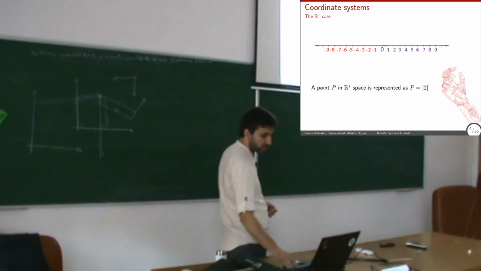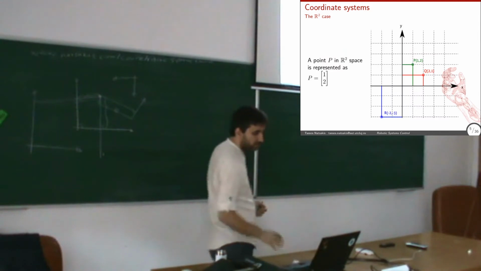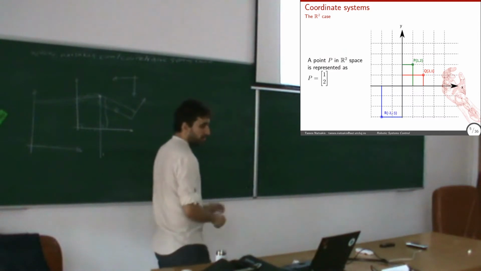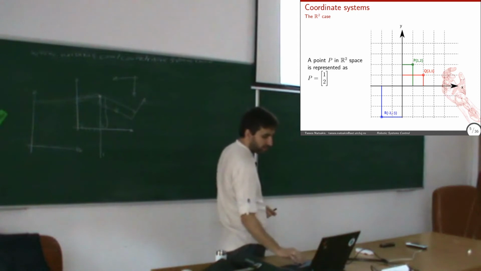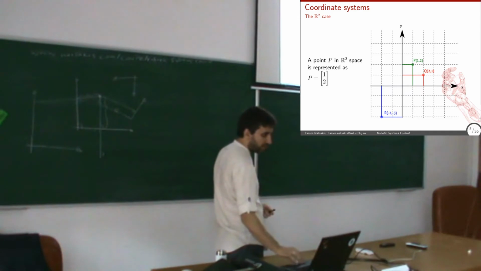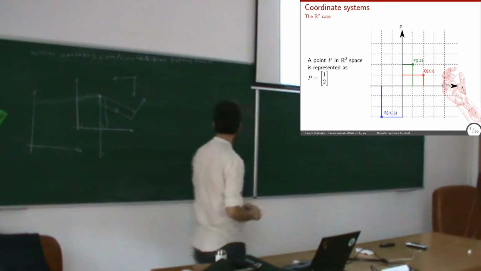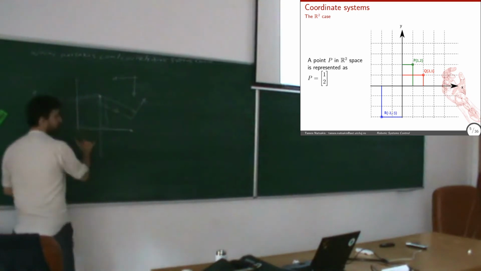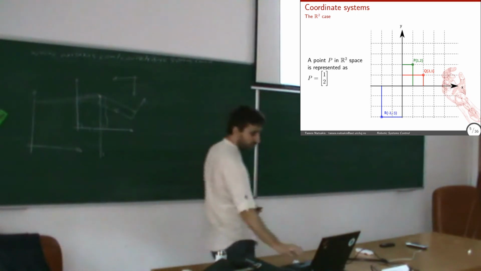Here it's not so obvious, but if we talk about 2 dimensions, you can see I have different points, and I describe the distances from the axes as coordinates with the brackets. How we write it on paper is that P is equal to 1, 2. For instance, this point P has coordinates 1 and 2. Why 1?